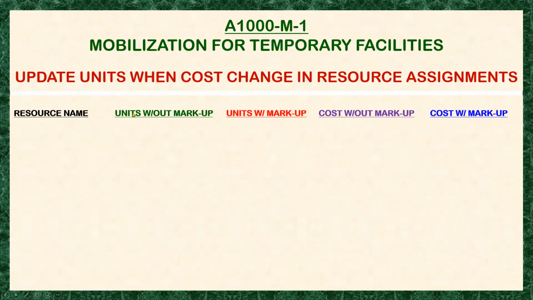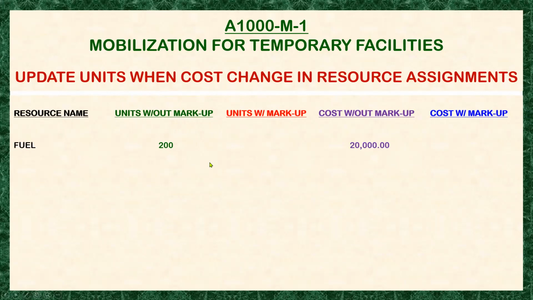Okay, this is the enlargement. We have the resource name, first the units without markup, the units with markup, the cost without markup, and the cost with markup. Now, if you can see the fuel, the units that we had before, without markup, was 200 liters, and the cost of which was 20,000.